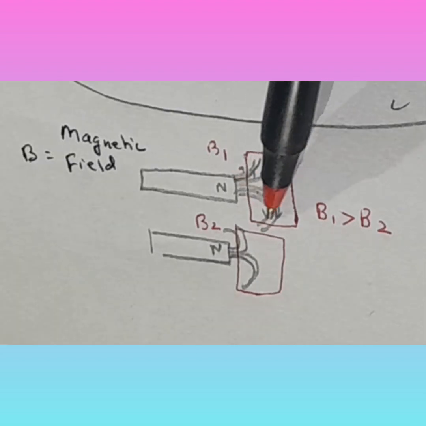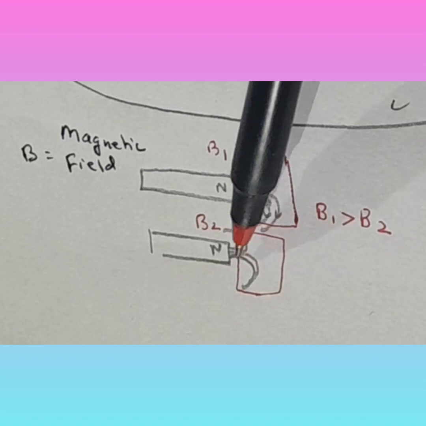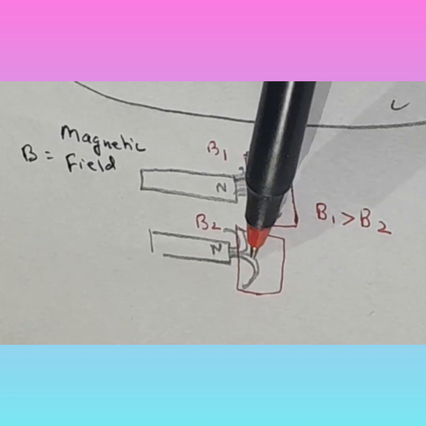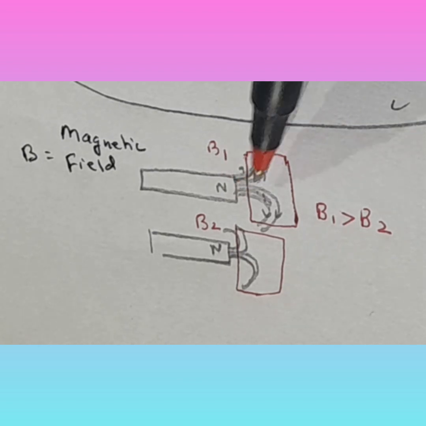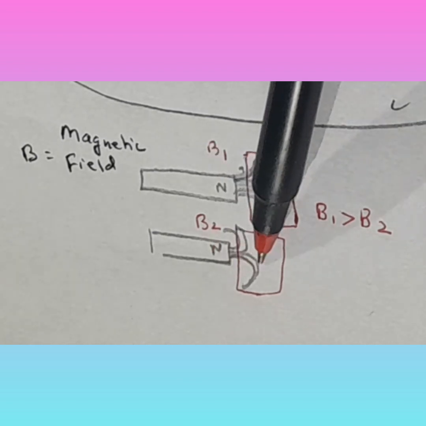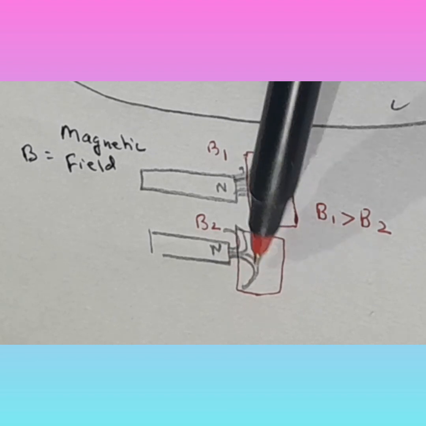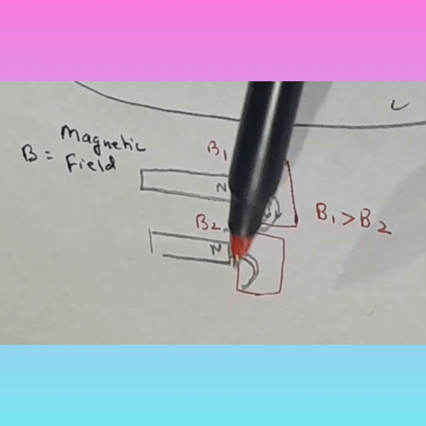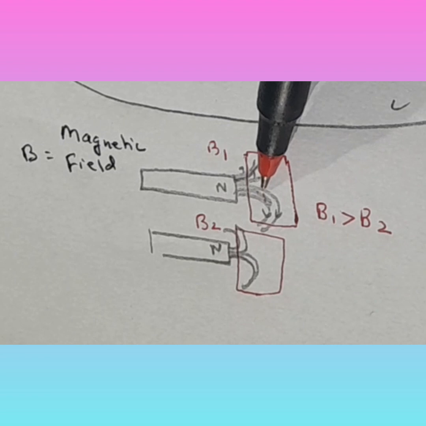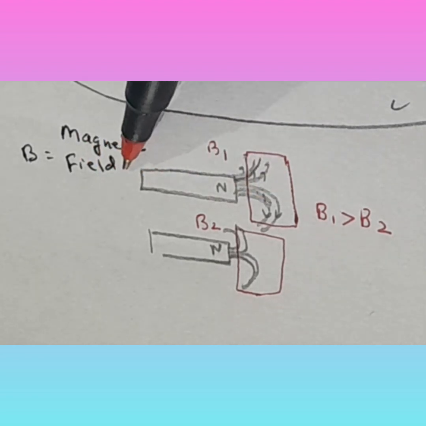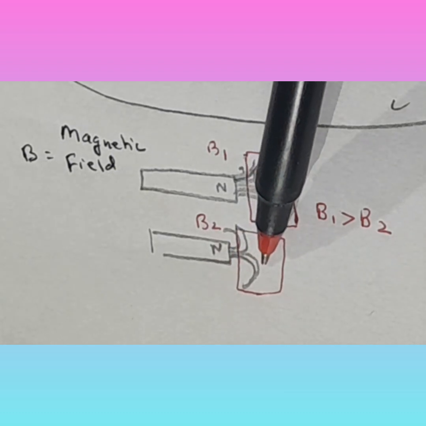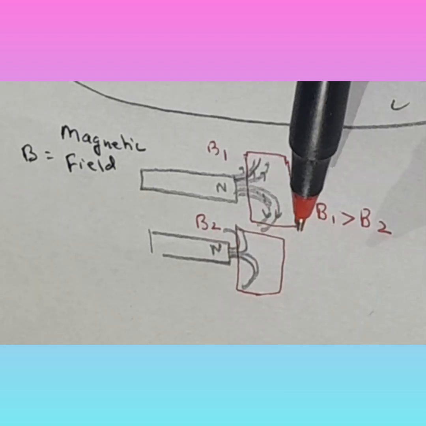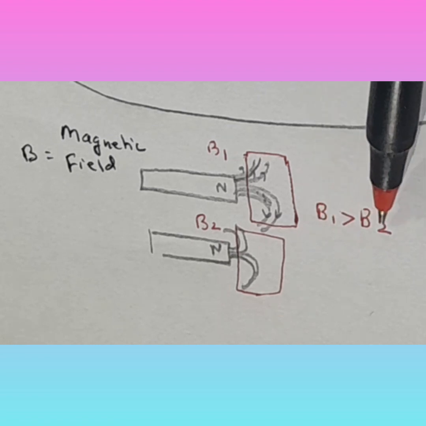If I take a material which has area A and this is also the same material with area A, the lines of force passing through this area are much more than those passing through this area. Both the areas are the same, I again repeat. Now this is what is called the magnetic field. So the magnetic field is more over here and less over here. So magnetic field B1 is greater than B2.